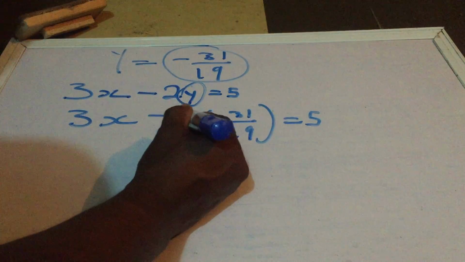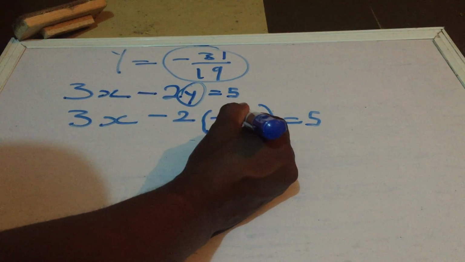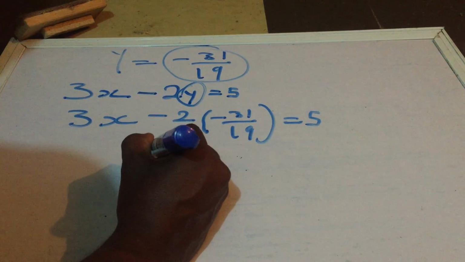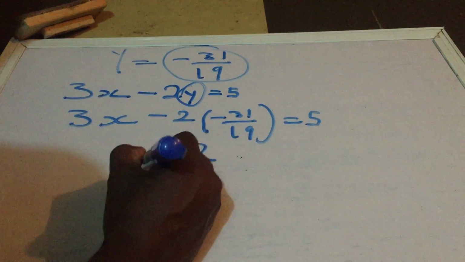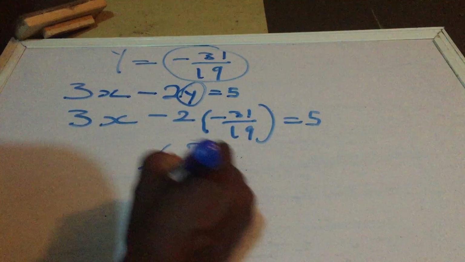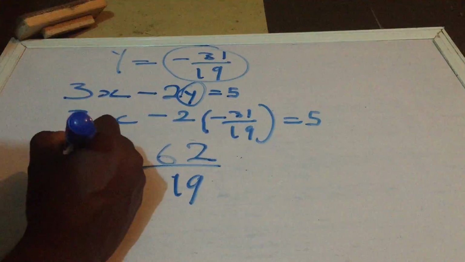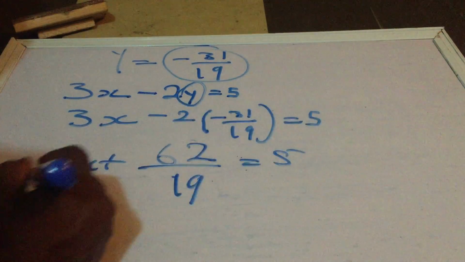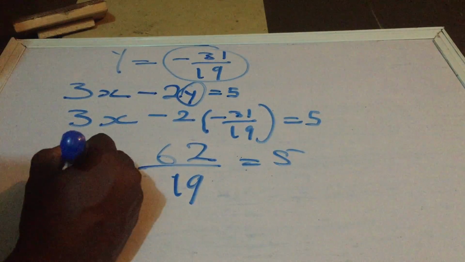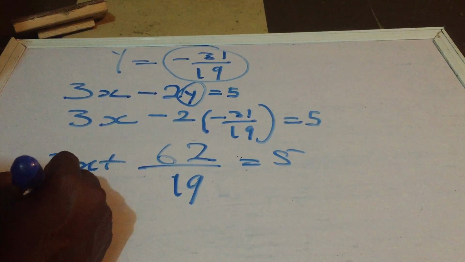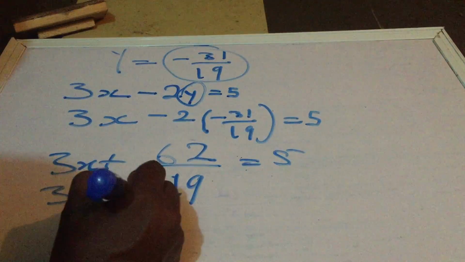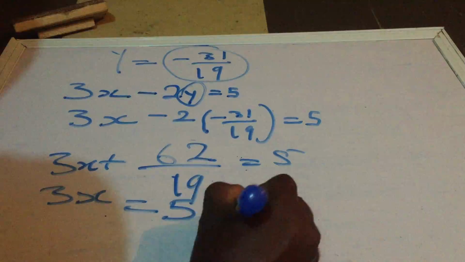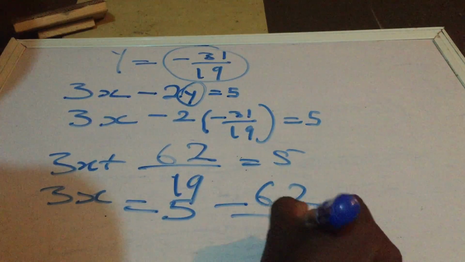Minus 2 times minus 31 will give us 62 over 19. That's 3x plus 62 over 19 is equal to 5. Then we make 3x the subject of the formula by saying 3x is equal to 5 minus 62 over 19.